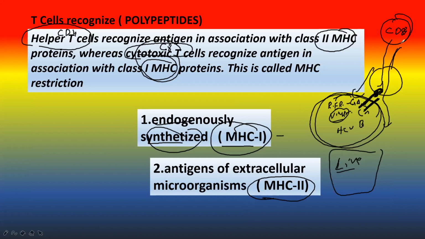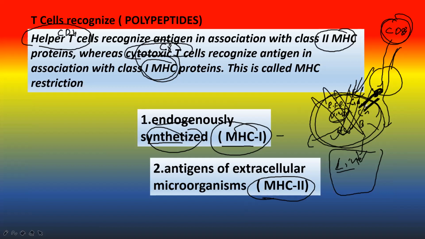Then the CD8 cell can easily see, oh, this cell is infected. Then the CD8 cell captures this cell and kills the whole virus-infected cell. Otherwise, what happens? When this cell dies, all the viruses are released and infect others. So the CD8 cell kills the virus completely, and kills that virus-infected cell.